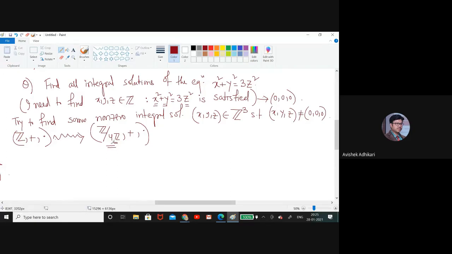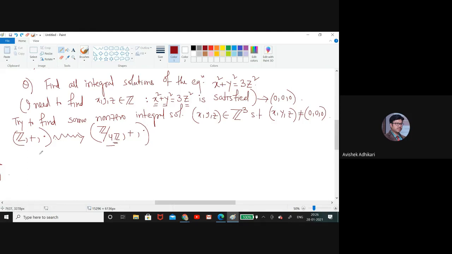Okay, so as I mentioned, for simplicity I call it... so we understand that this is isomorphic to Z4. Let me write it like this itself.